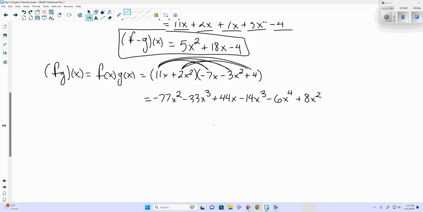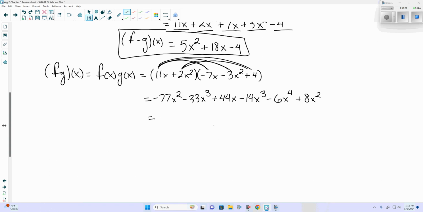Now for this one or any of the others, if you wanted to rewrite them in standard form when you plugged them in for f and g, you can do that just fine. There's nothing saying that we couldn't have rewritten f of x as 2x squared plus 11x for all these. Questions on this so far?